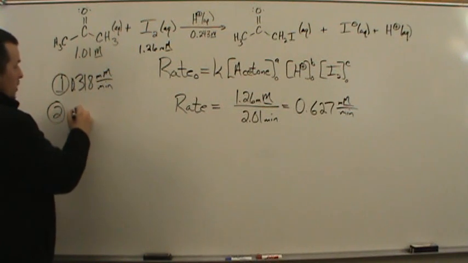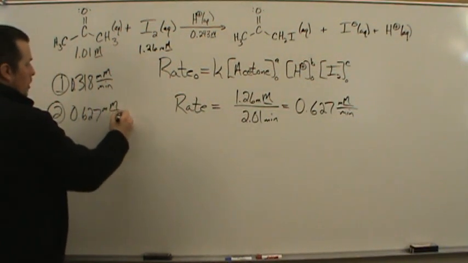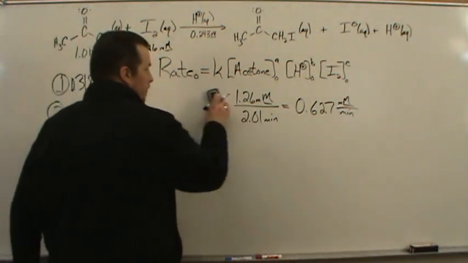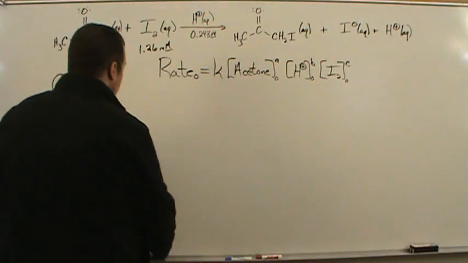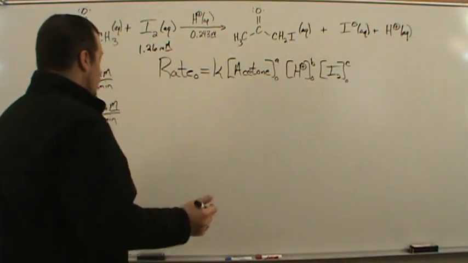So now we've got 2 runs. We can compare those 2 runs by taking a ratio of their rate law expressions.